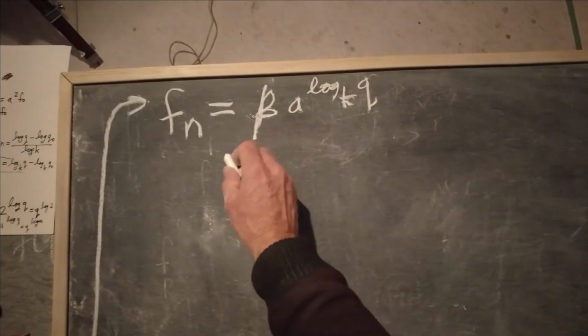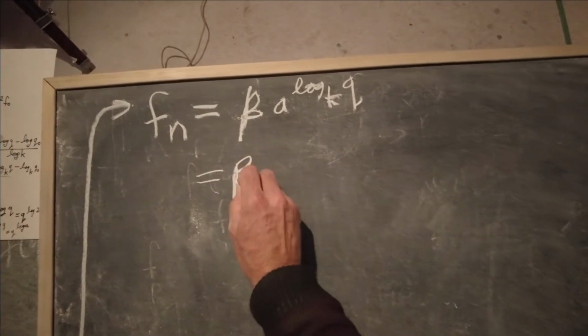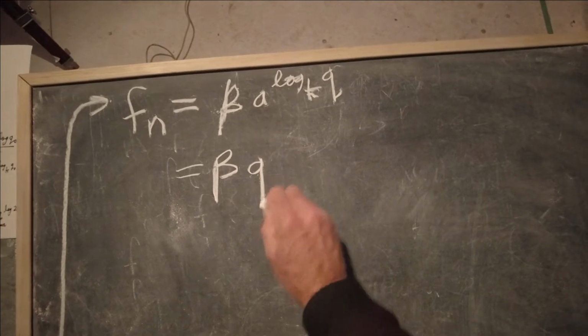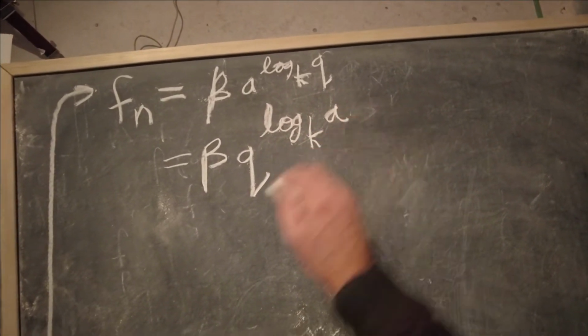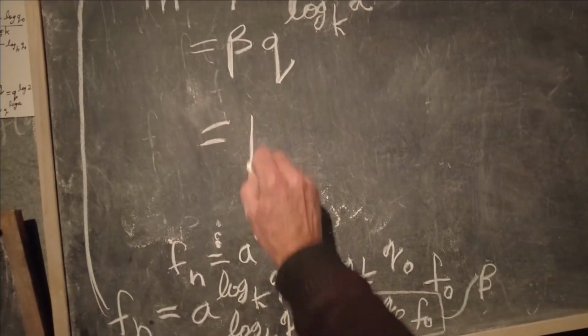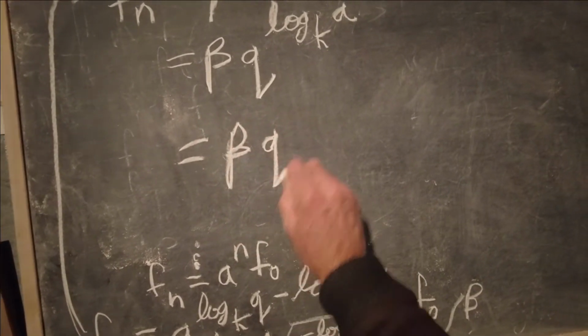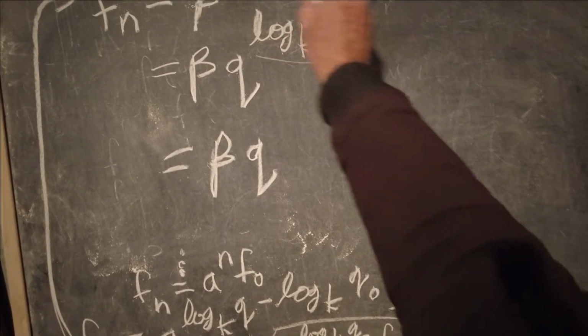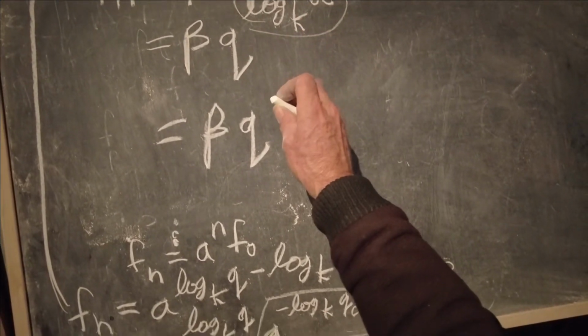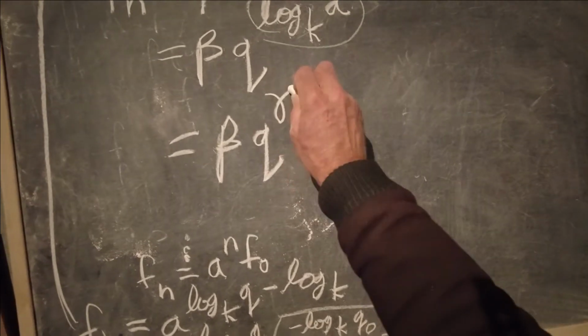And so that is equal to beta times q to the log k of a, and we'll introduce another letter. This is just a constant, log k of a, so it's beta q to the gamma.